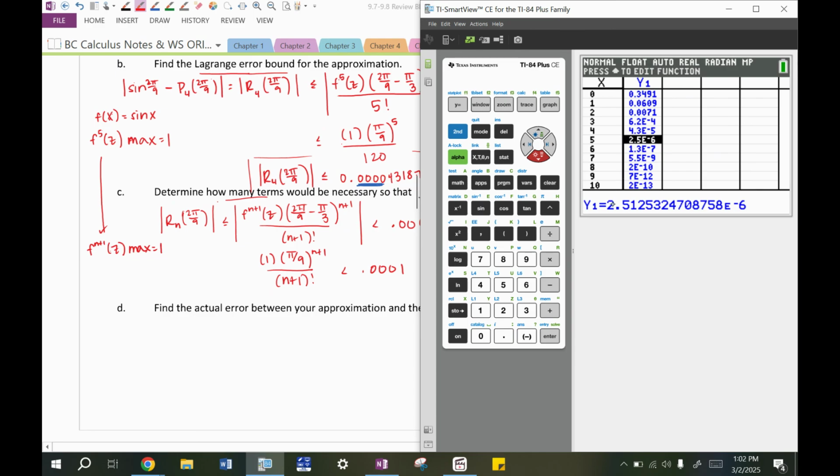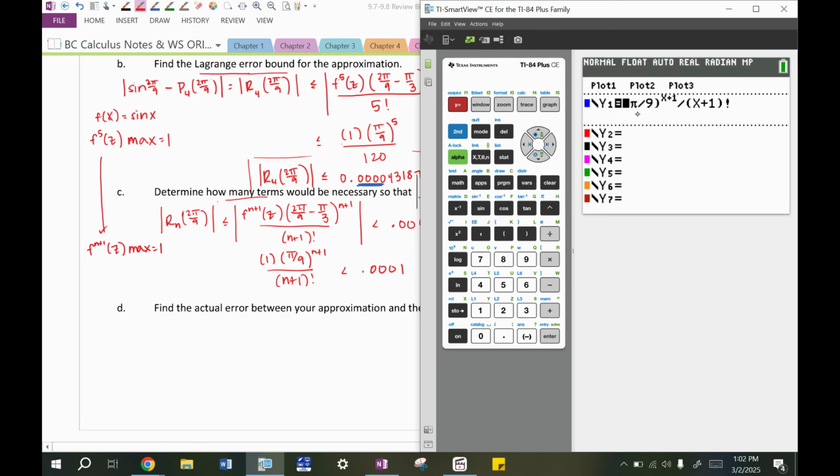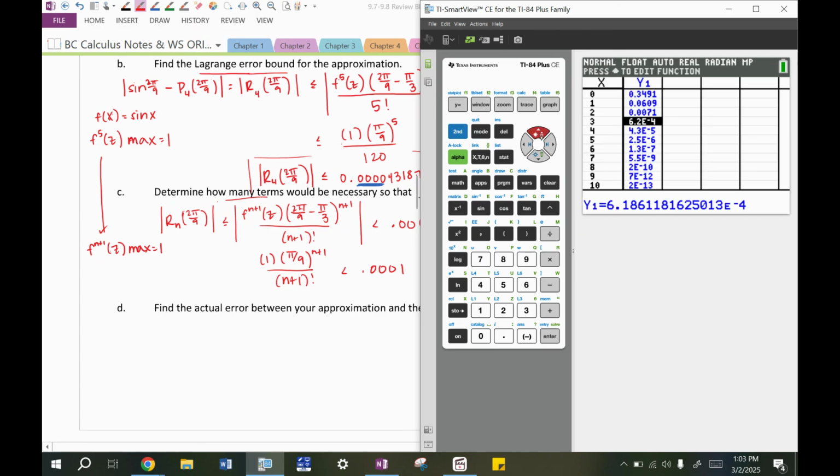Where am I? Wait, I went too far. Sorry. Here, this has 4 zeros in front and then 4, 3. So it should be n equals 4, right? Now, I have n equals 3 on my paper, so I'm trying to look at that. Did I type this in correctly? Pi over 9 to the x plus 1. I think this is right. So I'm not getting 3. That's 0.0006.